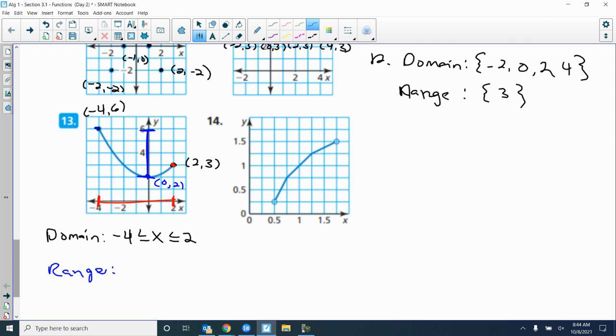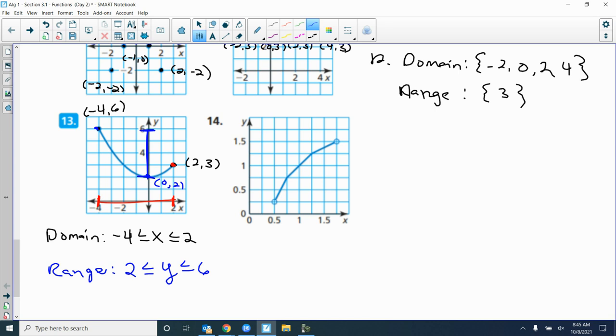Just give me the y coordinate of that. That would be 2. So then you do 2. Since it hits at that point, you do less than or equal to y. And what's the highest value it hits? 6. Less than or equal to 6. So here we're trapping it. We're going to say it's bigger than or equal to 2 but less than or equal to 6. So that would be our y values.